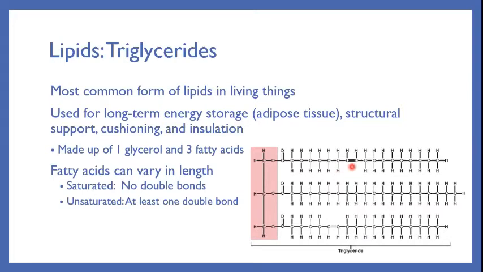So this is a double bond. The carbons are bound together by two bonds, not one. So this would be an unsaturated fatty acid. It has at least one double bond. On this one, we only have those single bonds. So this is a saturated fatty acid. And here is another one that has that at least one double bond.